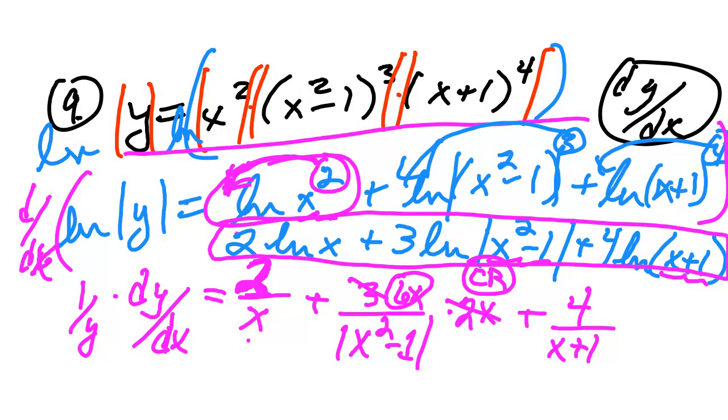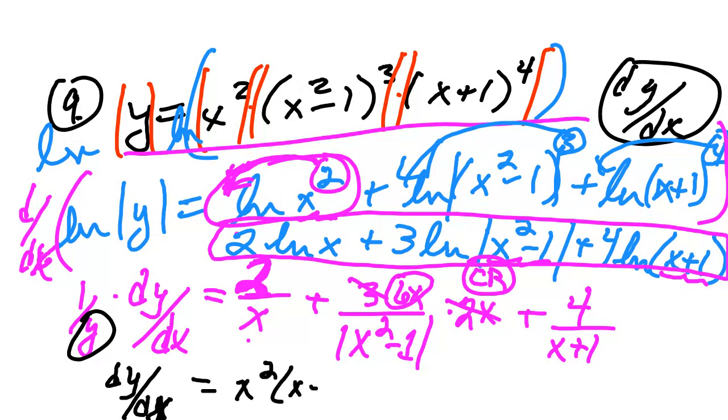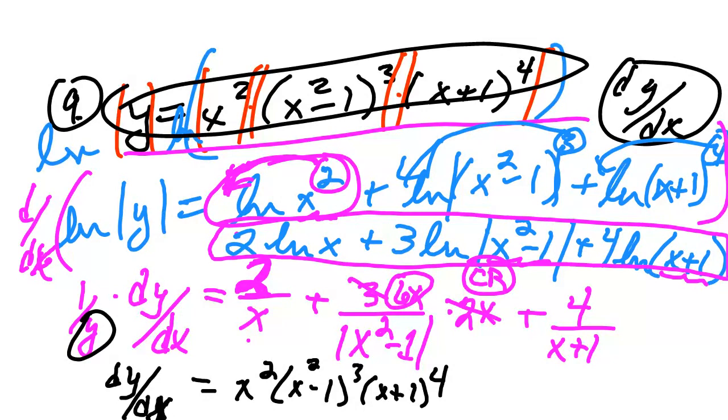And then what I'm going to end up with here is I'm going to multiply both sides by y. So dy dx is going to equal y, which, what was y? y was x squared times x squared minus 1 quantity cubed times x plus 1 to the 4th power from up here, the original, before I put the absolute values on it.